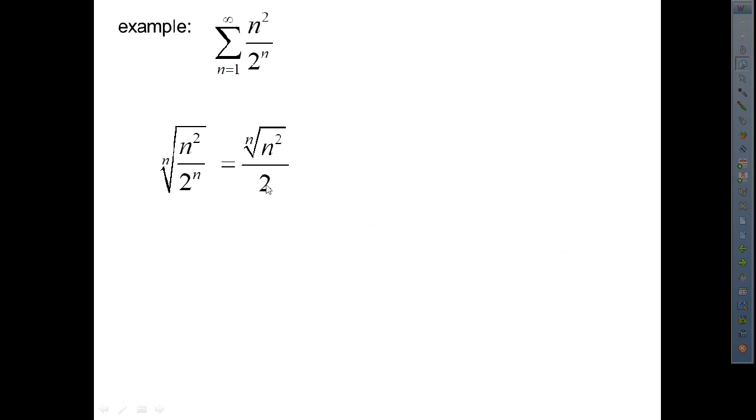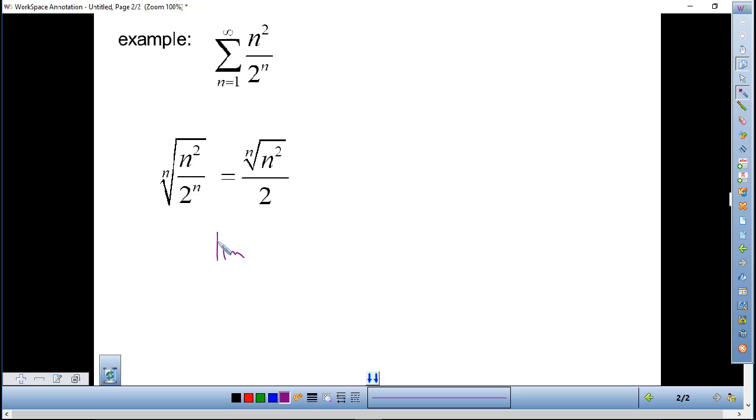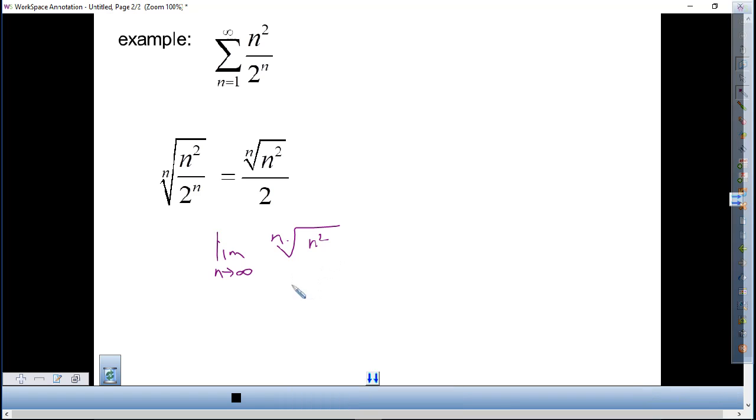Now, remember, when we're taking a limit of this thing, we're taking the limit as n approaches infinity of the nth root of n squared over 2. Well, this 2 on the bottom is not going to be affected by the limit. So we can actually pull this all the way out to the front and think of that as 1/2 the limit as n approaches infinity of the nth root of n squared.